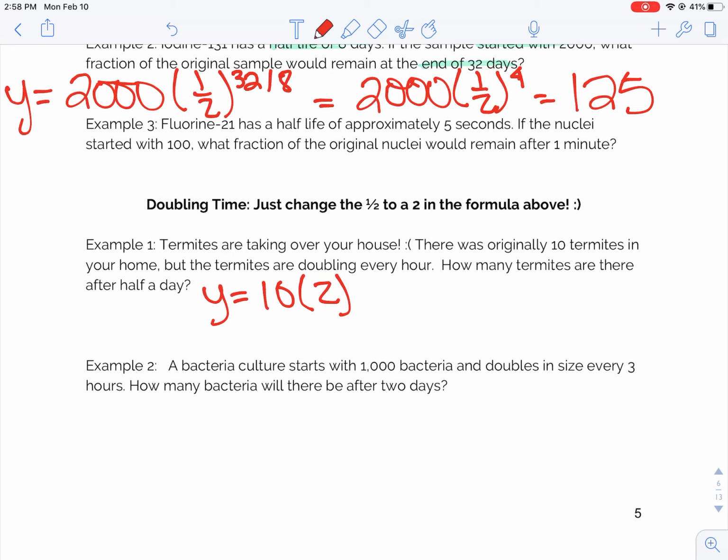Inside my parentheses is a 2 because it's doubling. My total time is half of a day, but my doubling time is in terms of hours. So we have to figure out how many hours are in half a day. Well, I know there's 24 hours in a whole day, so half of a day would be 12. And I'm dividing it by 1 because it's going to double every hour. So really, it's 10 times 2 raised to the 12th.